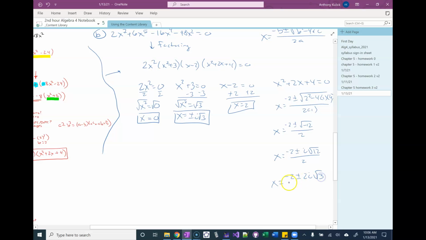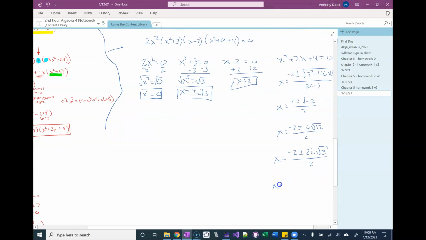And the square root of 3 we can't do anything else with, so I can write it as 2i square root 3. And then if I think about this as two separate fractions that have that common denominator of 2, the first fraction reduces to negative 1, and the second fraction reduces to i square root 3. And that's our best answer.